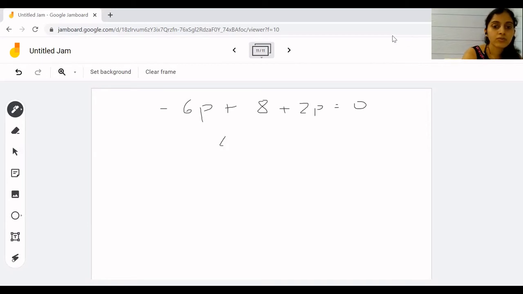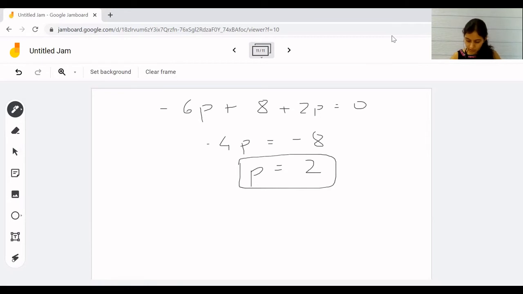That is 4p equal to minus 8, p is equal to 2. This is the value of p. Now there are proof sums. I'll do one of that for you.